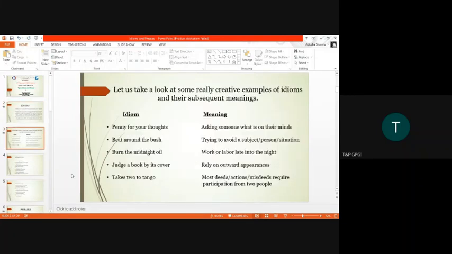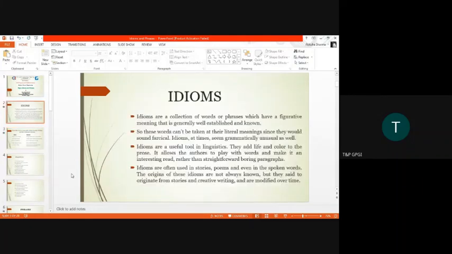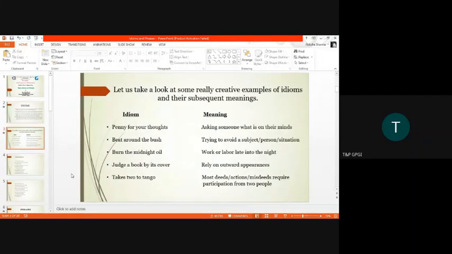We'll start with a few examples of idioms. I'll repeat again, idioms are a collection of words or phrases which are already established out there. You don't have to take them literally. You have to know the meaning behind an idiom. For example, there's an idiom over here, beat around the bush.